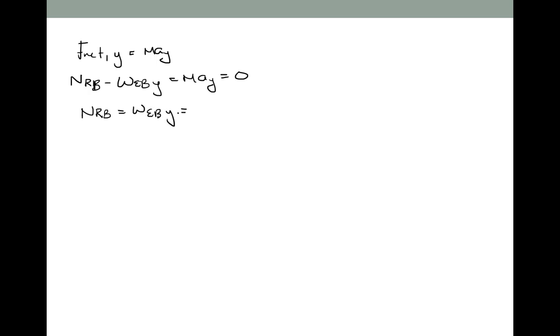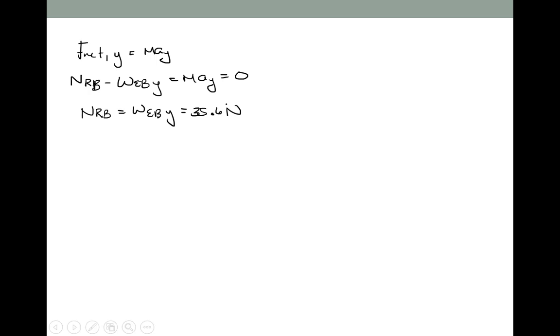So in the y direction, in our vertical, which really isn't vertical, it's counted to be perpendicular to the surface, we get the normal from the ramp on the block, R on B, minus the y component of the weight force has to equal m a_y, but it's not accelerating in the y direction. So this whole thing has to equal 0, which means the normal from the ramp on the block will equal W_EB,y, and that equals 35.6 newtons.